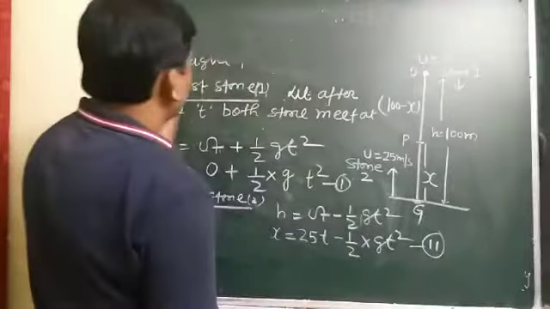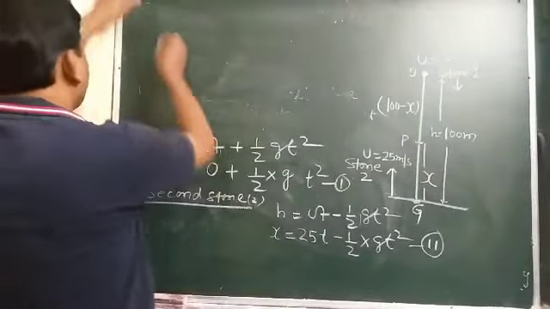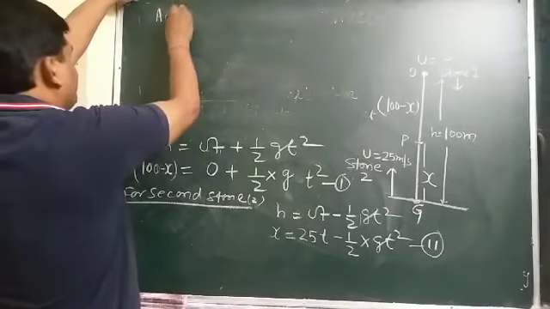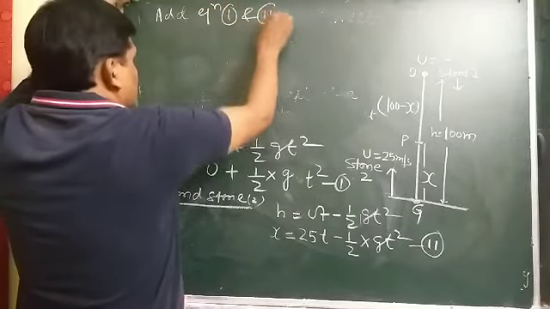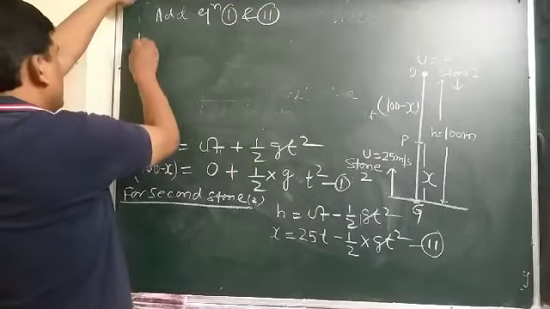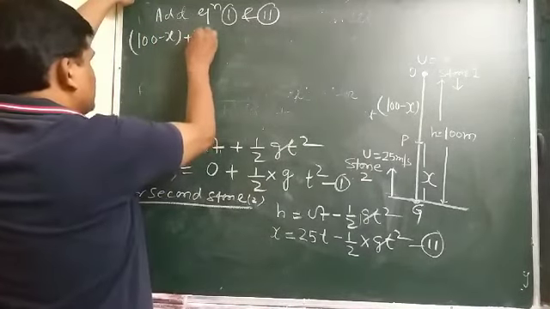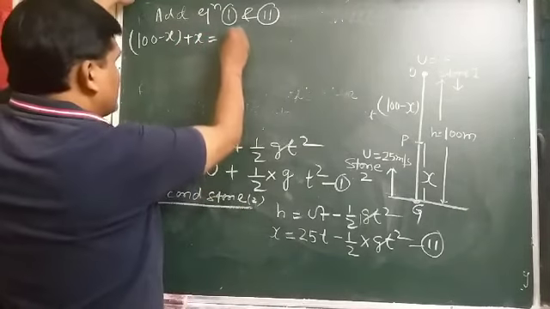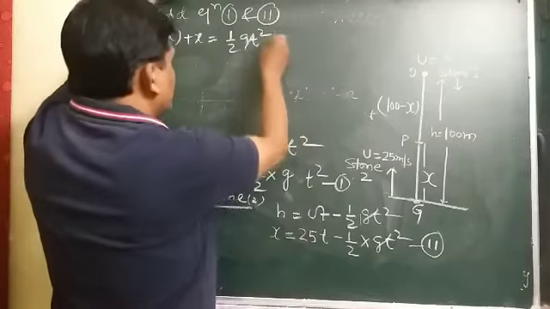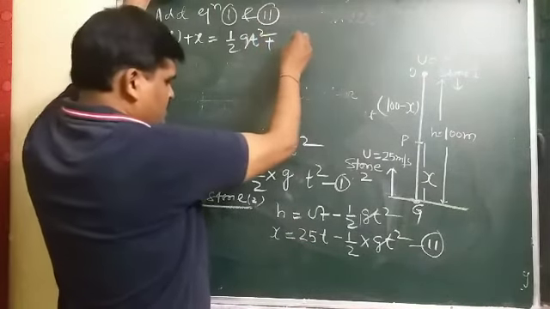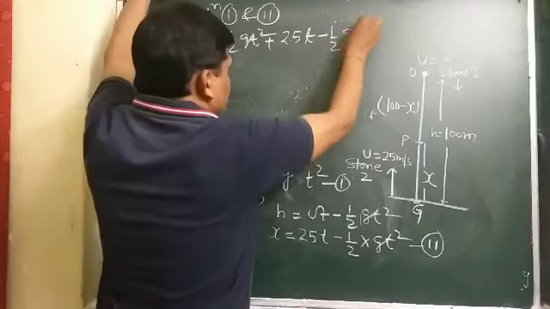So students, on the left side we have 100 minus x plus x, and on the right side half gt square plus 25t minus half gt square.